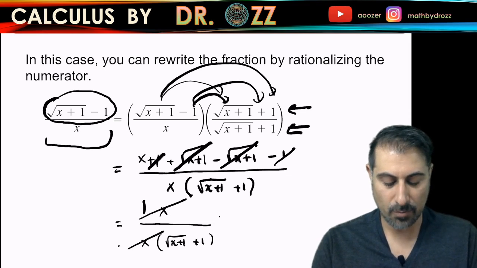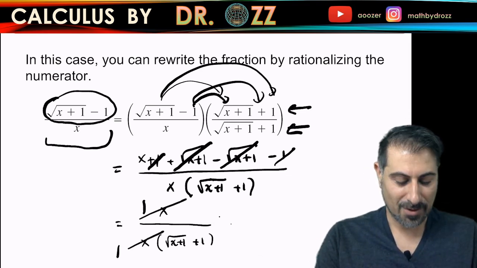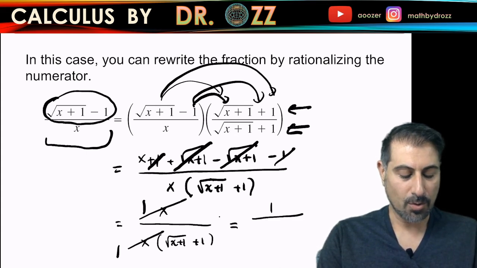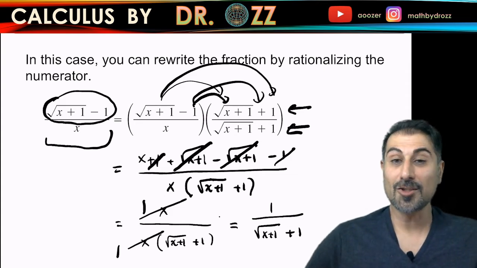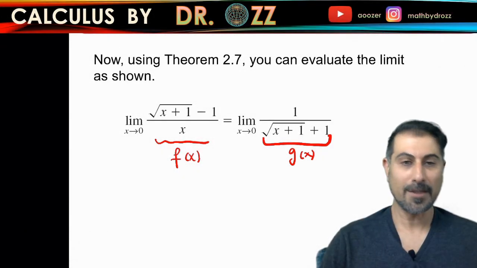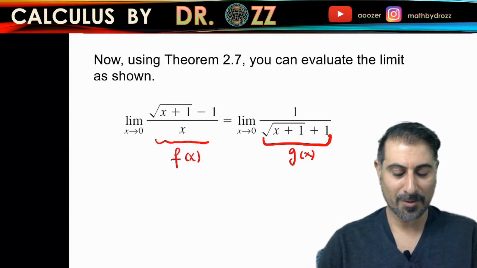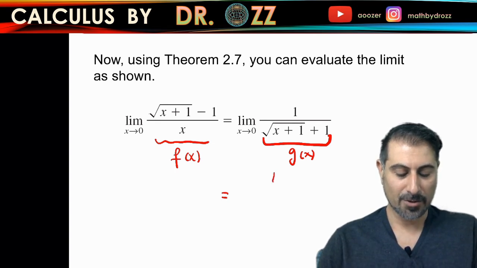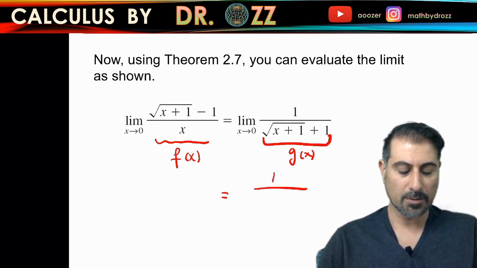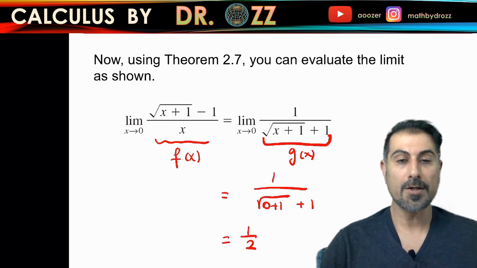The whole thing simplifies to 1 over radical x plus 1 plus 1. This is the g function that we are after. And here we go, we have the limit of f and the limit of g. The limit of g is something that we can easily find by using direct substitution. So you have 1 over radical 0 plus 1 plus 1. That is, in fact, 1 over 2.